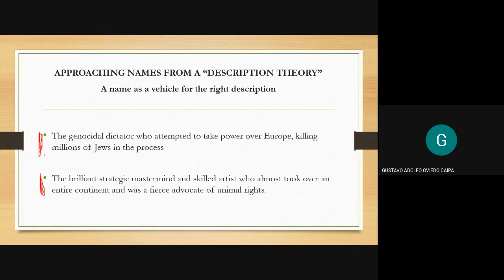If I say Hitler, the right description for most people would be this one. But that means that some other knowledge of the person is going to be hidden. And let me show you how.